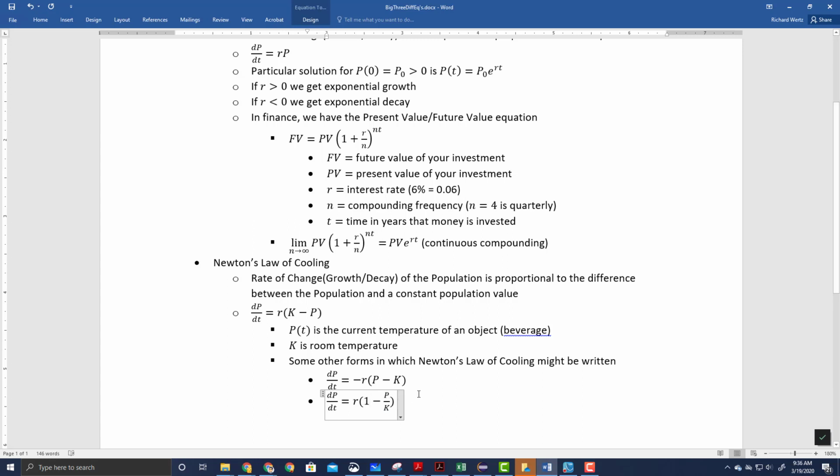So you can see in this case, if P is greater than K, this term's going to be negative, and I'm going to get cooling. If P is less than K, this term's going to be positive, and I'm going to get warming of my beverage.